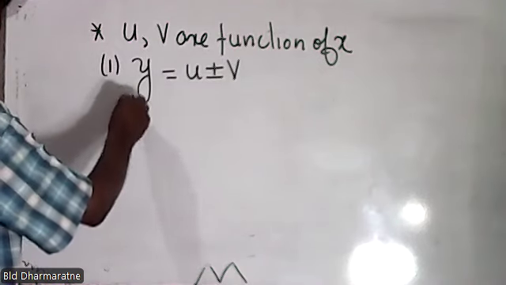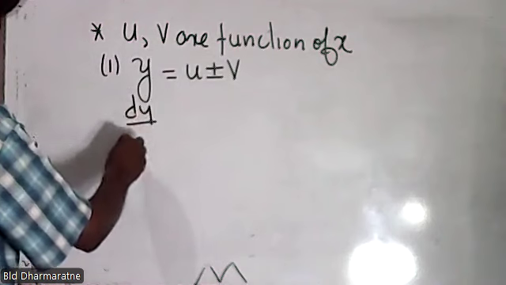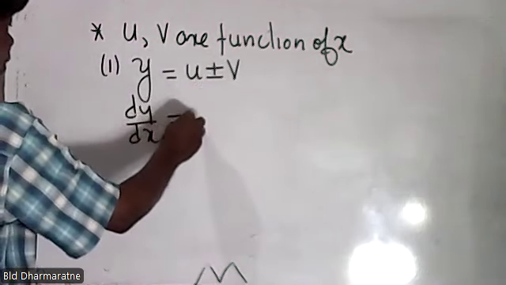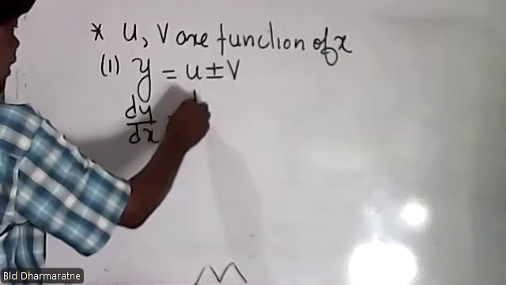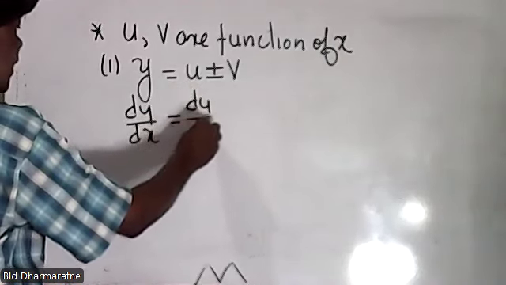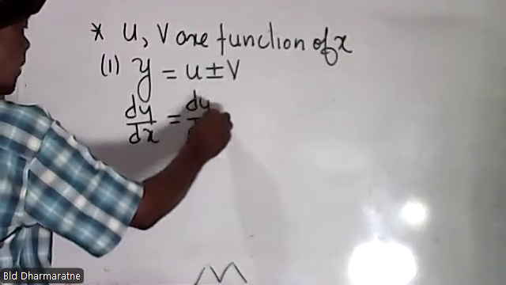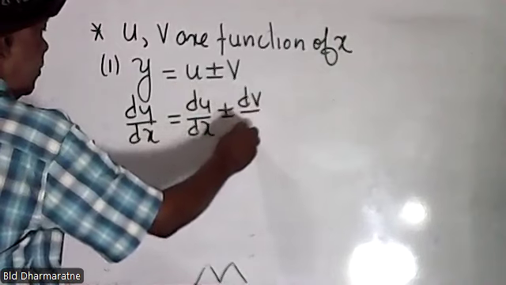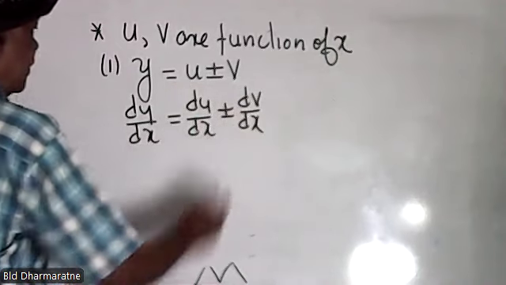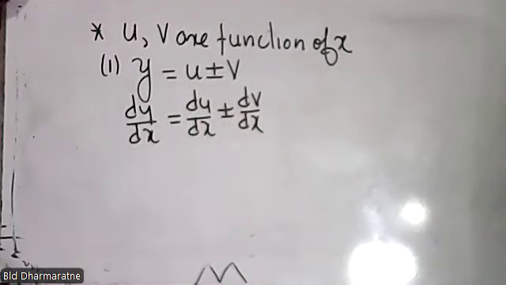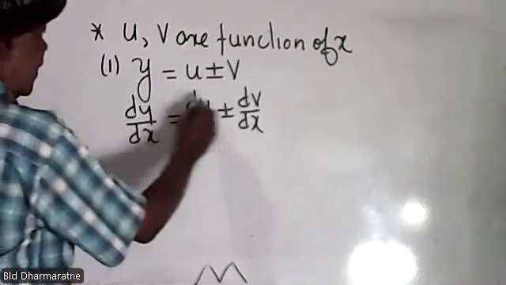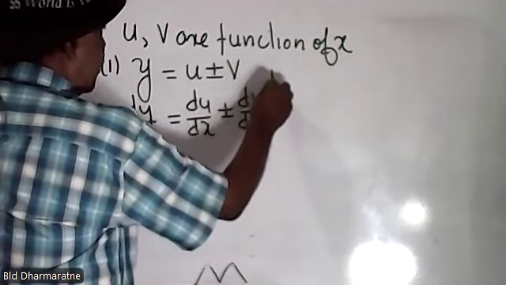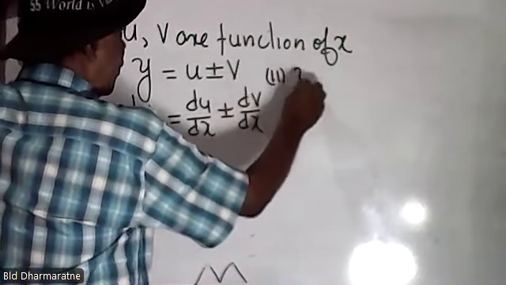Then dy by dx is obtained the same way, by differentiating each term: du by dx plus or minus dv by dx. This is the first theorem.